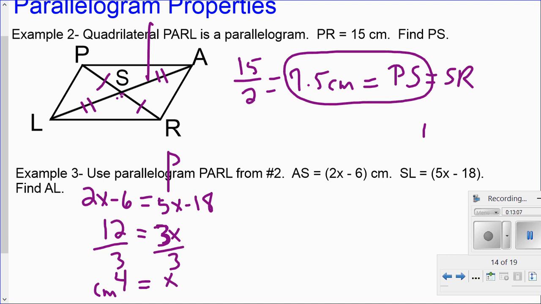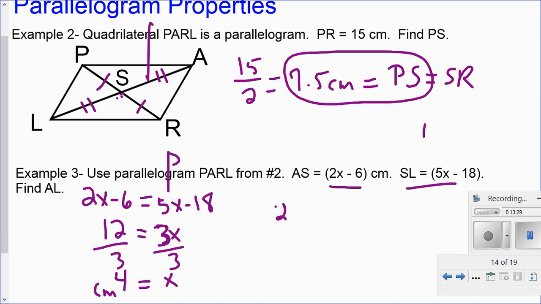I don't have AL in either of these expressions, but I do know that they're both going to be equal to each other, and that one of their lengths doubled will give me the length of the whole entire diagonal. So I'll just substitute x in for one of these expressions. It doesn't matter which one, and then I'll double it.